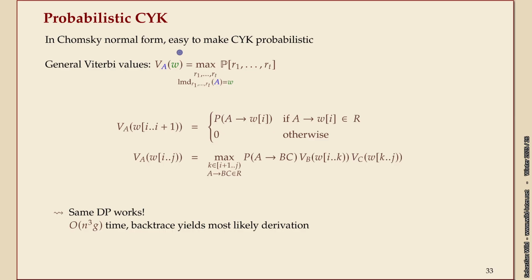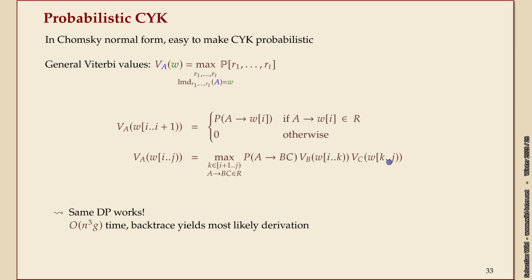So in the same way as before, we say we have subproblems for a certain non-terminal and for the total word, but for contiguous subwords is what we'll use it for. And that's the probability of the most likely derivation to go from A to W, same as before. And then we can go from A to a single symbol exactly when there's this rule. And we can go from A to a certain longer substring if there's a rule to go from A to two other non-terminals, and then a way to go from B to the first half and from C to the second half.